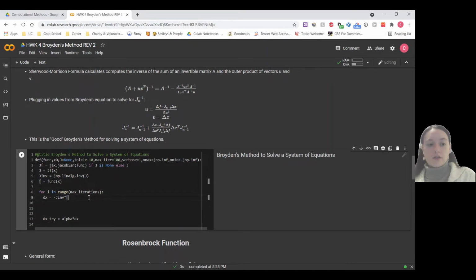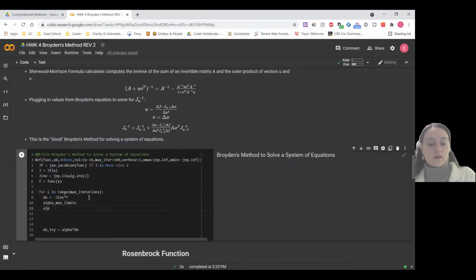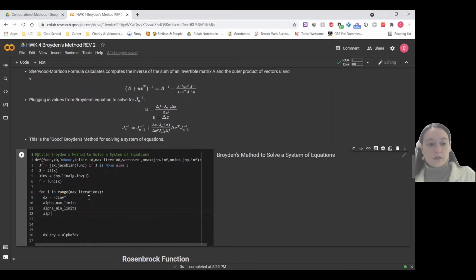So how are we going to calculate alpha? Well, we'll need the maximum and minimum limits of our alpha value. The maximum alpha will be the smallest value for alpha so that we don't go over the maximum value for x.